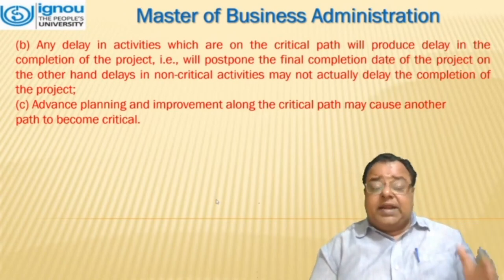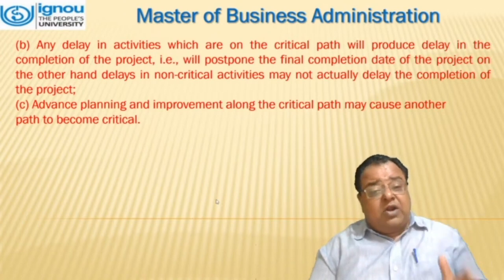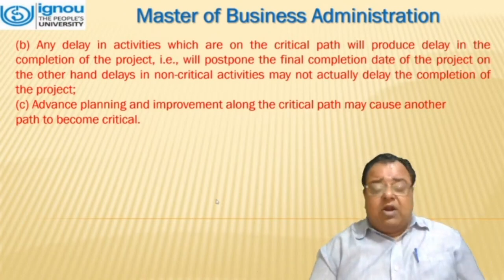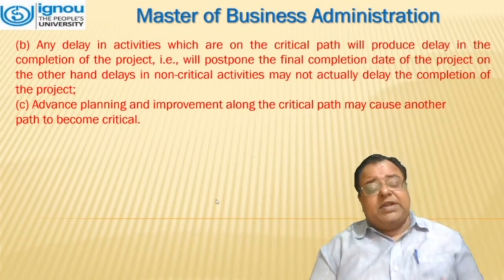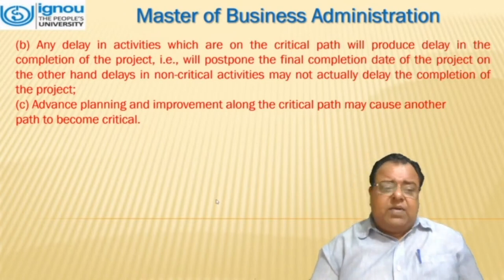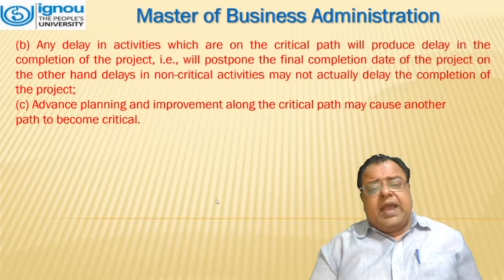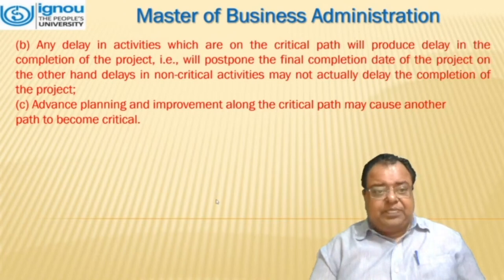On the other hand, delays in non-critical activities may not actually delay the completion of the project. And the third is that advanced planning and improvement along the critical path may cause another path to become critical.